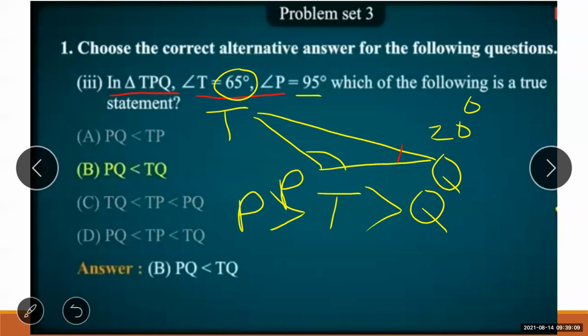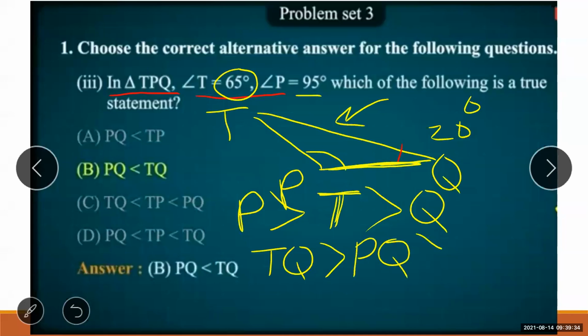The side opposite to angle P is TQ. TQ is greater than the side opposite to angle T, that is PQ. So PQ is greater than the side opposite to angle Q, that is TP.